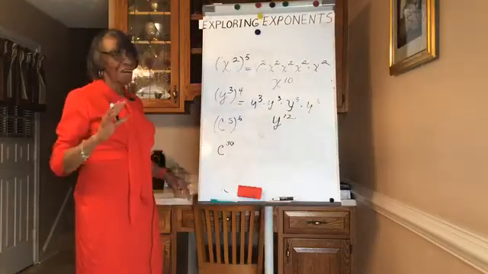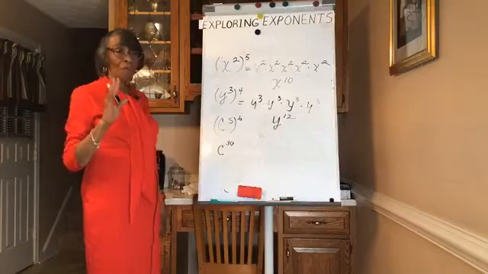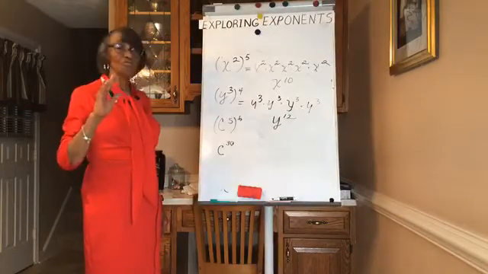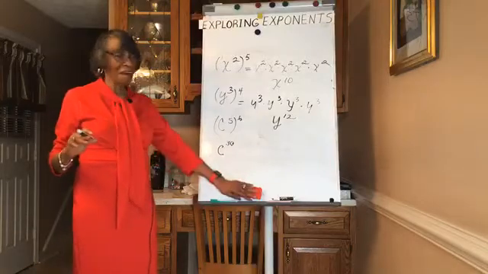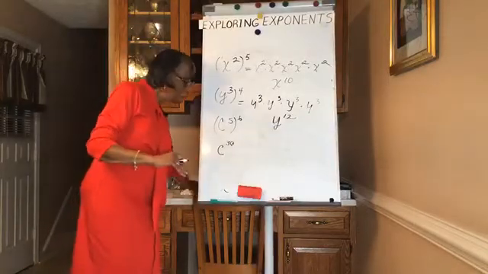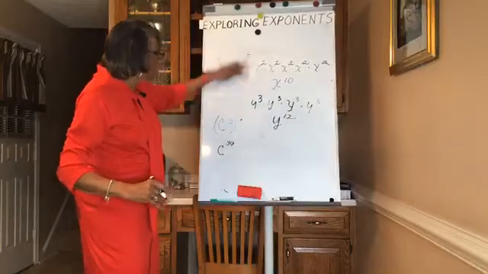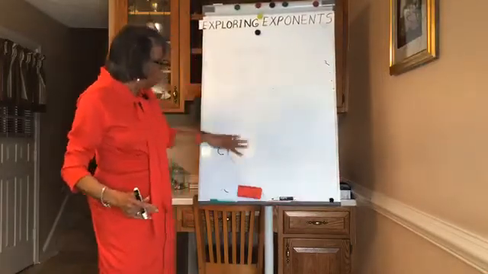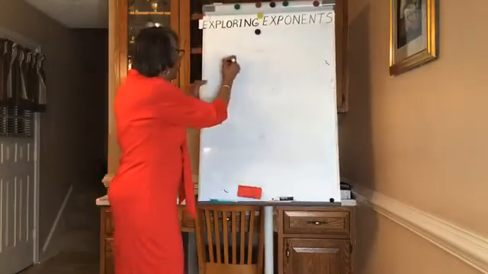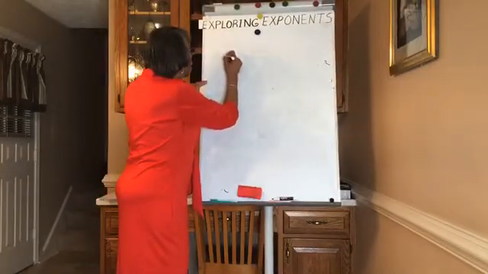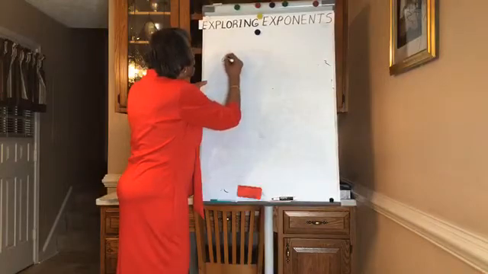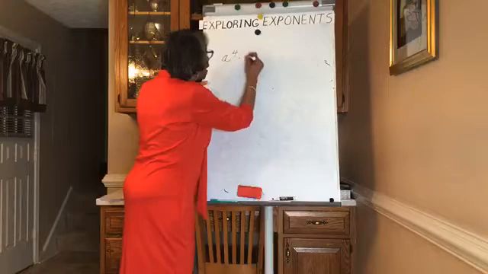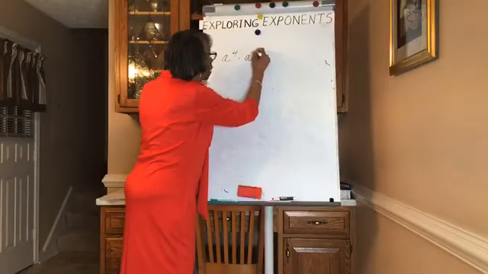All right, so now we have done 3 types of problems with these exponents today. First, we learned to multiply them if they have the same base. So I'm going to put one of those up. A to the 4th power times a to the 3rd power.